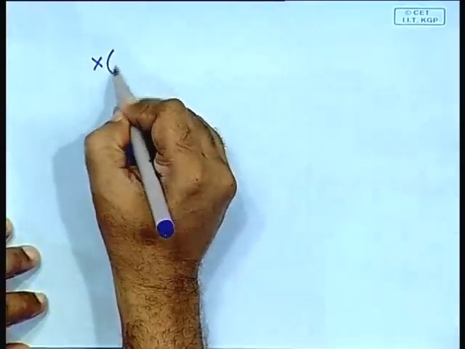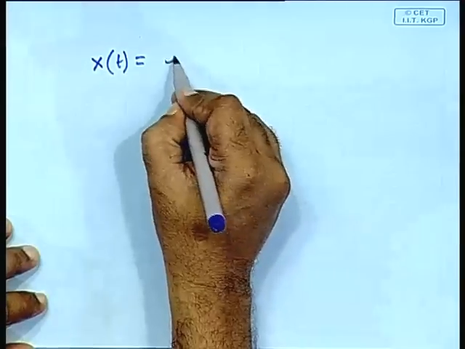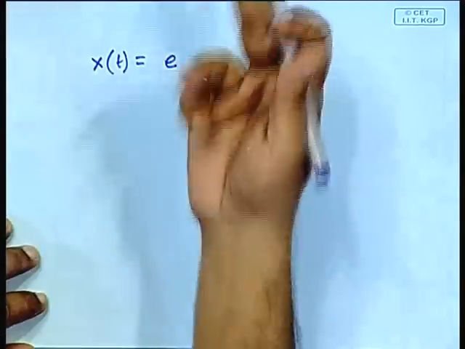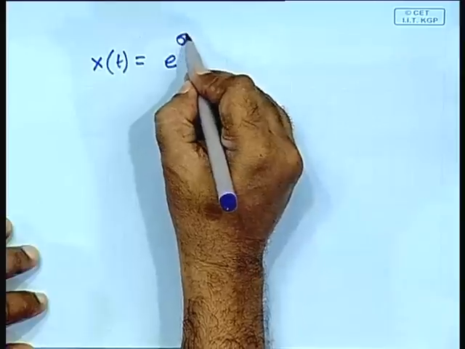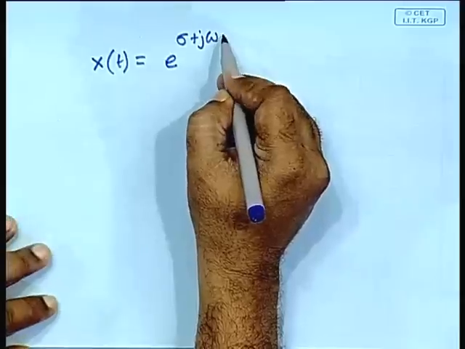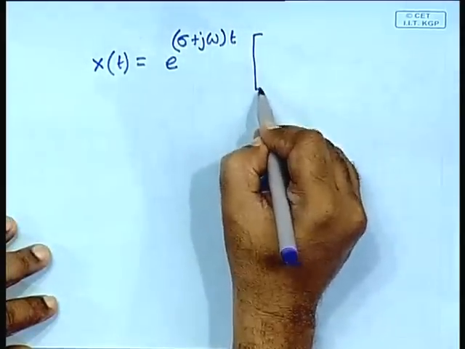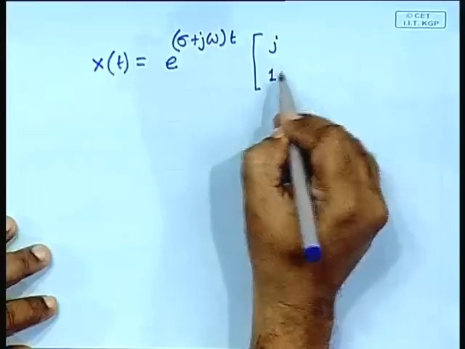So we have obtained one eigenvector which is this, and therefore the corresponding solution will be x of t equal to e to the power the eigenvalue sigma plus j omega, t, times the eigenvector which is j and 1.